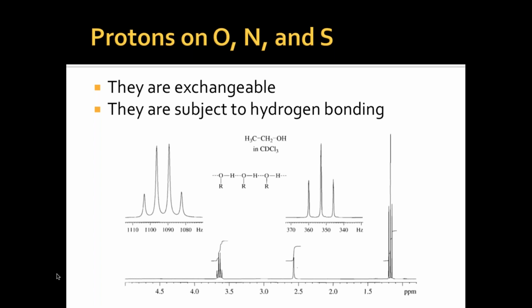Now that OH, let's look at CH3 first. CH3 is connected with CH2, so we have two hydrogens. With n equals 2, n plus 1 is 3, which means the CH3 is a triplet at about 1.0.